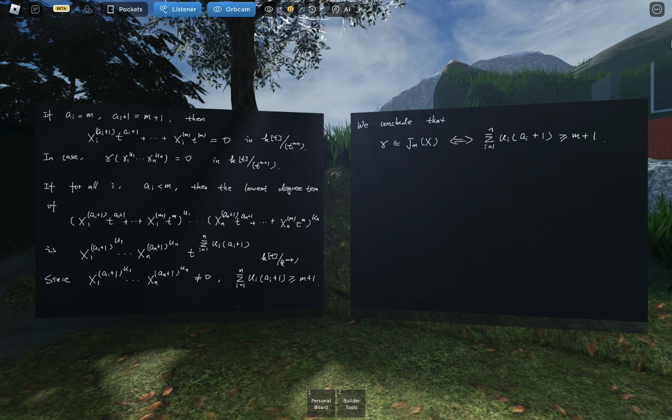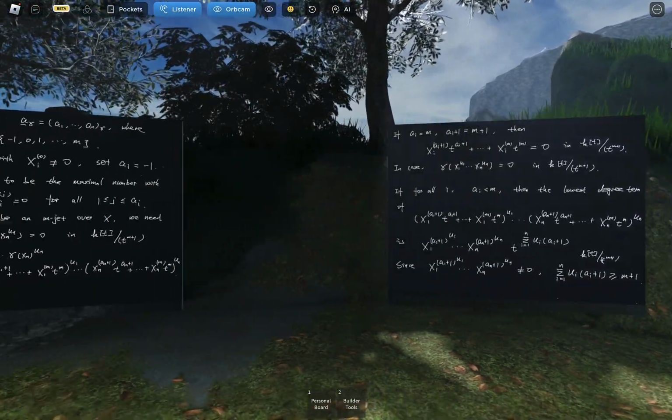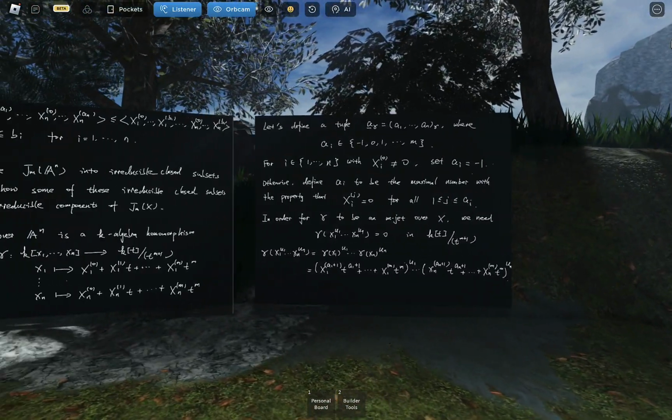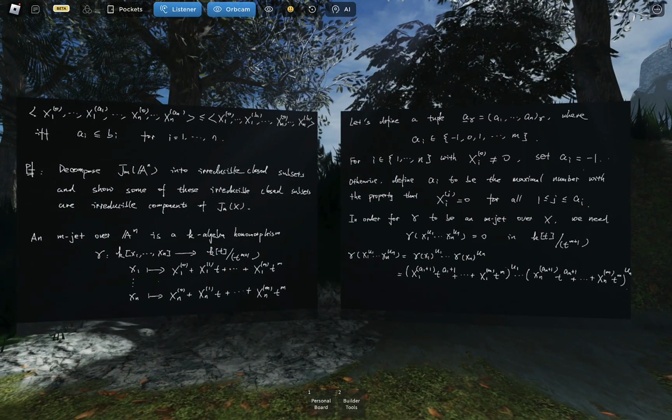So if gamma is an m-jet over X, we just showed that this has to be true. And if this is true, the product here will have least degree greater than n plus 1, which is 0 in this ring.